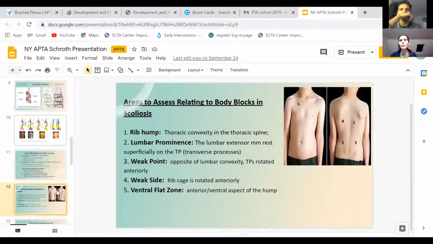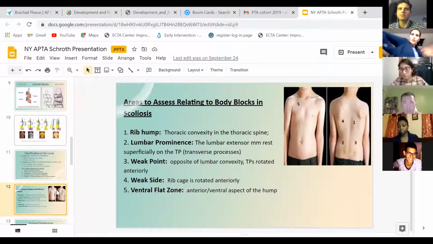Okay, so when you assess the child, you want to remember these points. Why? Because your hands are going to go to these points. Basically, the rib hump is the one that protrudes when you bend down. So it's the one that is coming back. That's the side that you will actually do a lot of mobilization on.